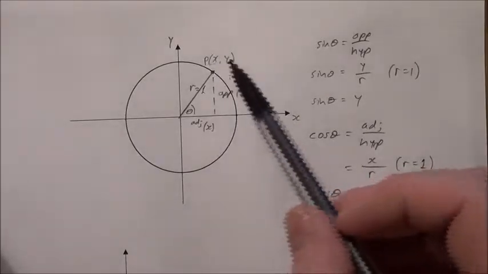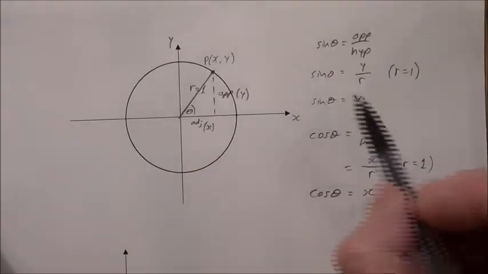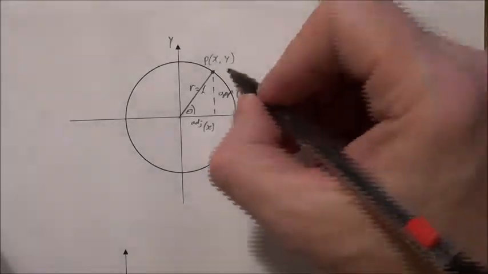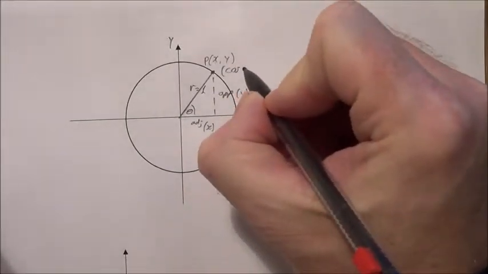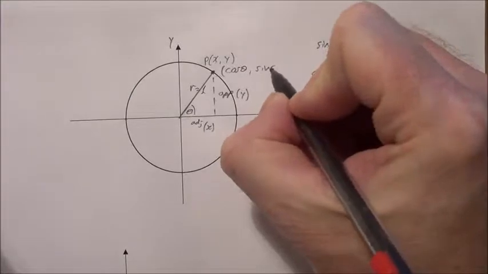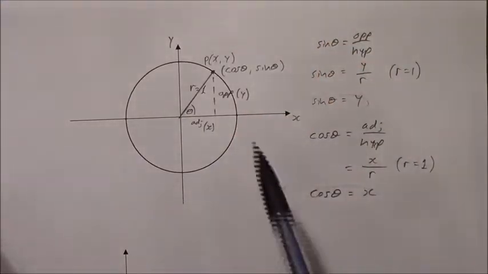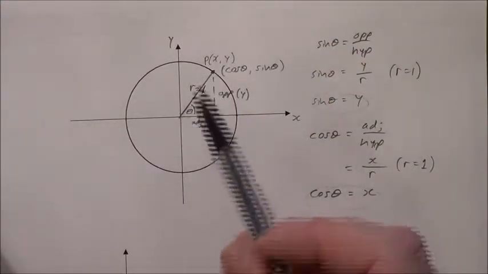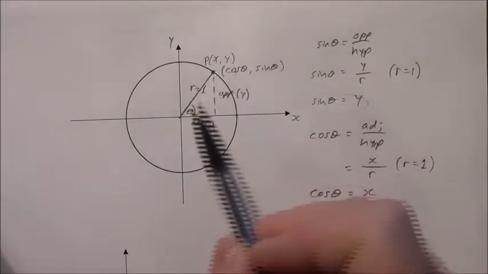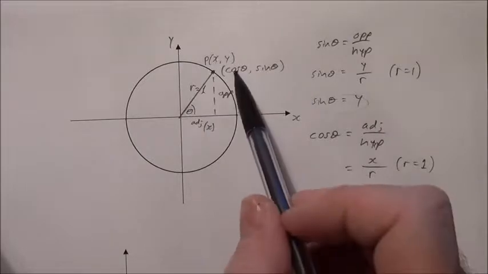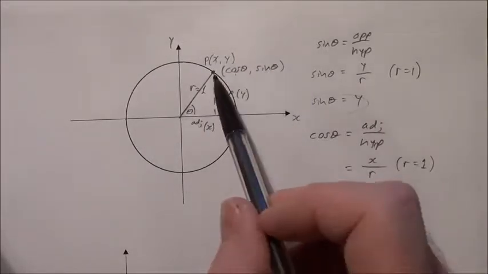So our point (x, y) here can then be summarized in terms of trigonometric ratios, and it can be seen as (cosine theta, sine theta). So if we know the angle theta through which this terminal arm is rotated about the origin, we can find the cosine and the sine of that angle, and that will give you the coordinates of this point.